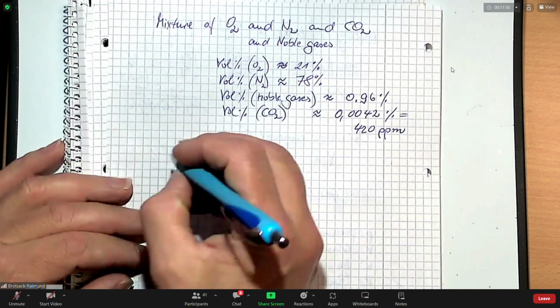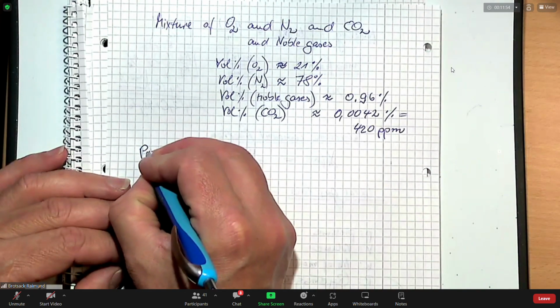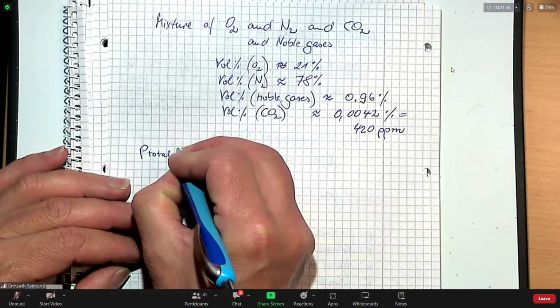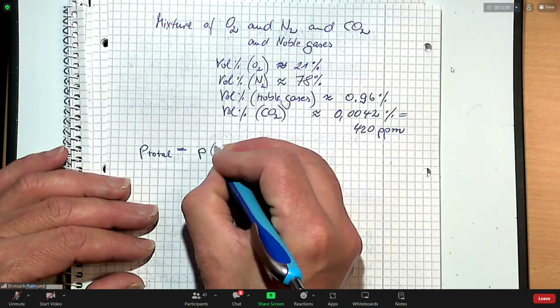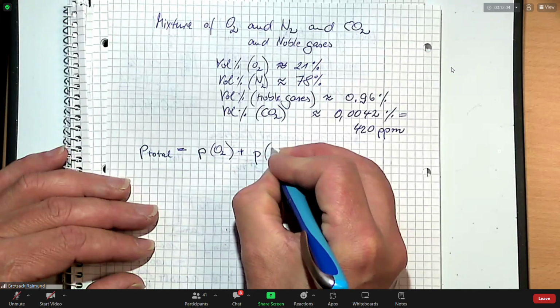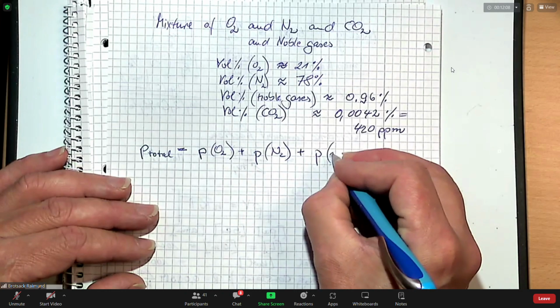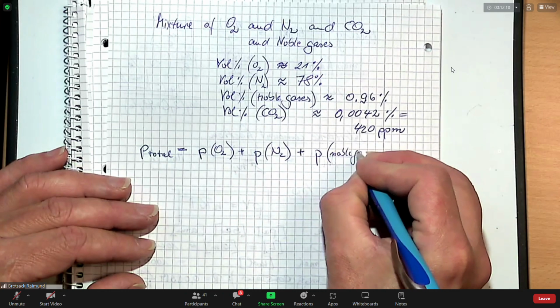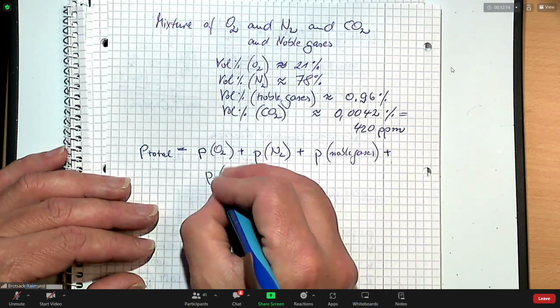So the pressure in total, P total, is the pressure of oxygen plus the pressure of nitrogen plus the pressure of noble gases plus the pressure of CO2.